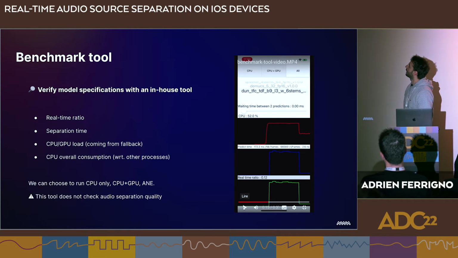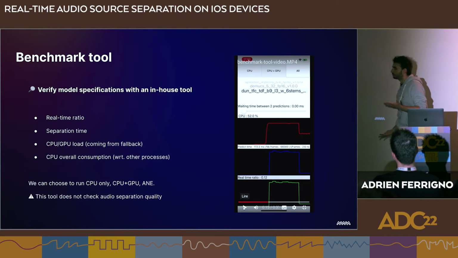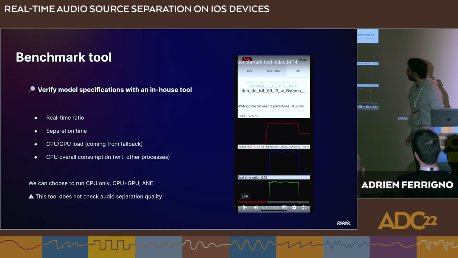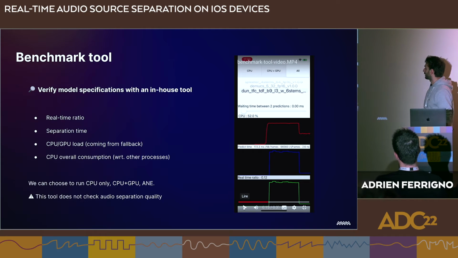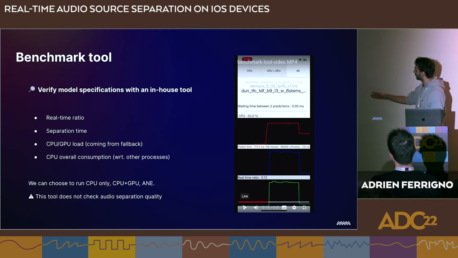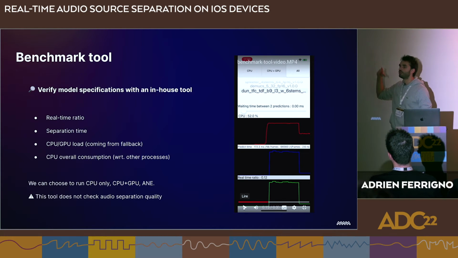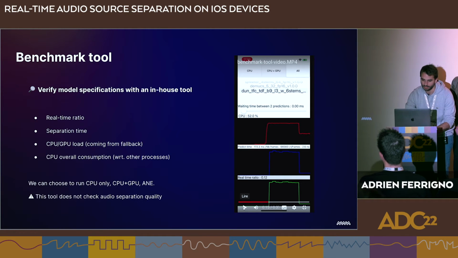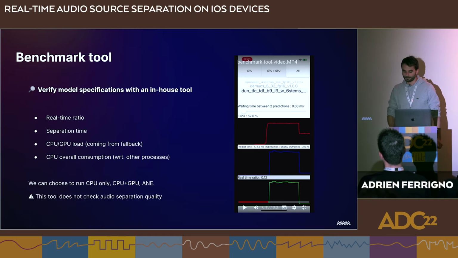This is why we still have 52%, but 52% may be acceptable. And the real-time ratio is 0.12. That means this is much more acceptable. And with this kind of model on ANE, we are able to run real-time separation. So this tool is pretty useful, and we used it to design all our models.